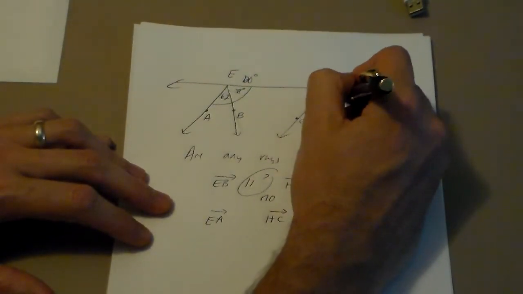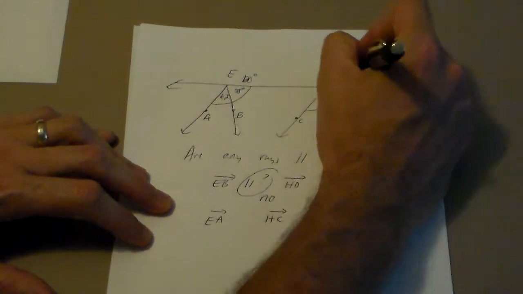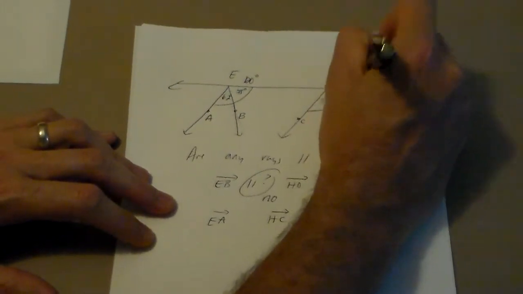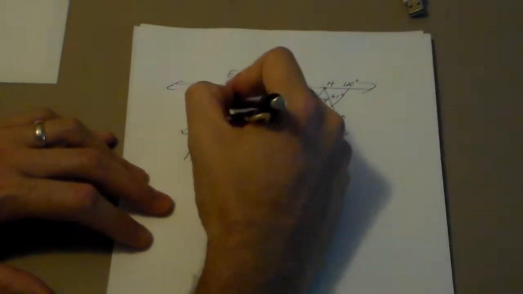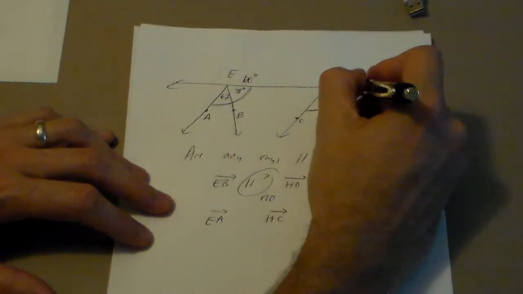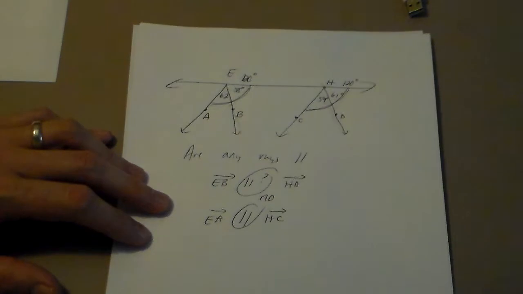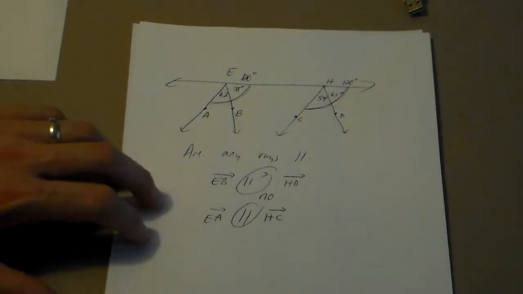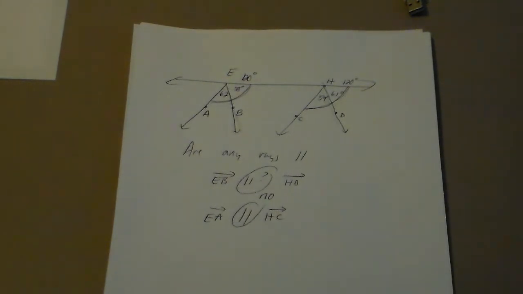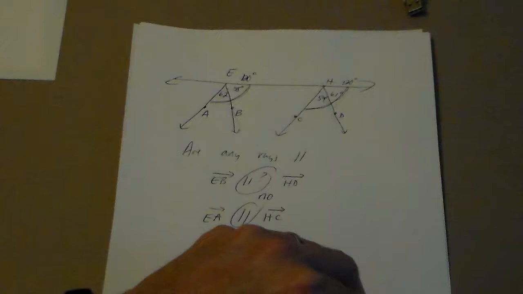And this angle here is 61 and 59, and that's also 120. Because these angles are congruent, I can say that those lines are parallel. If they asked for a reason, we would say the corresponding angle converse. So that's that.